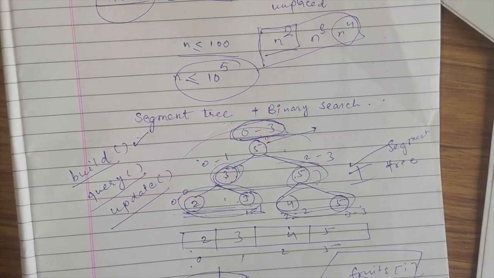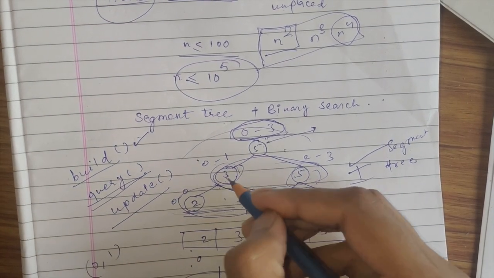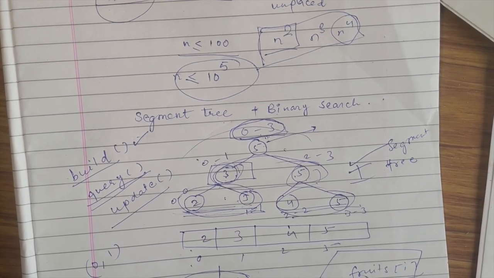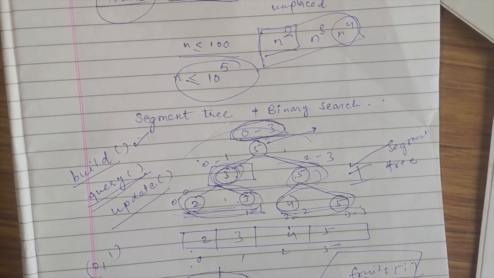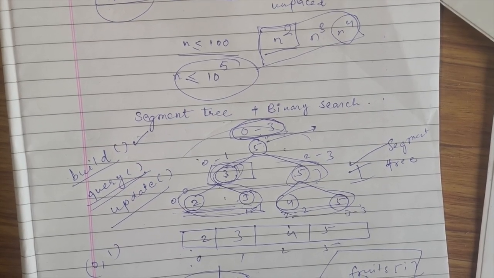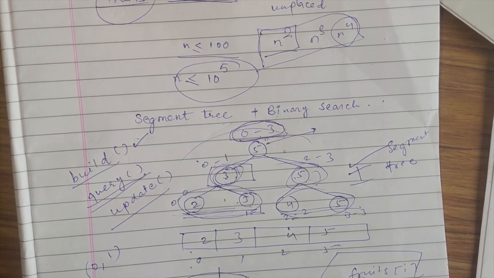For that we'll just run a query of 0 to 1, then we'll get the maximum capacity as 3, and if we get the maximum query, then for the mid, we'll consider the mid bucket as our target basket in which we will place the fruit.